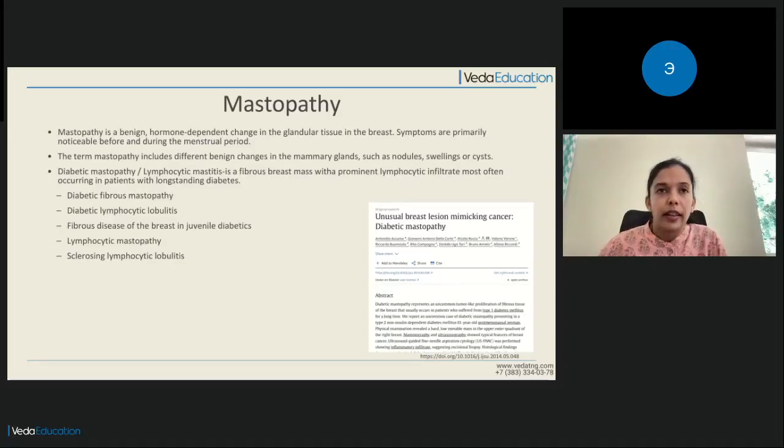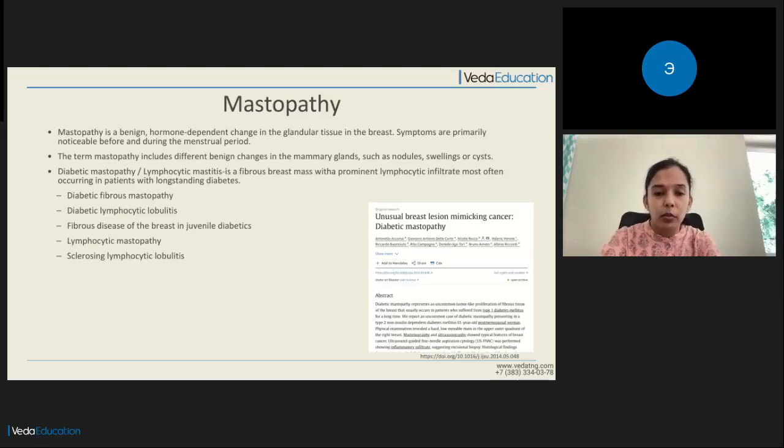So again, because all of these are interrelated and hormone dependent, at times it might mimic what we usually put in the premenstrual symptoms. So the PMS would also have some kind of breast presentations, and these would just mimic the same. It is different only when there is a proper nodule or a cystic swelling, and this has a tendency either to just resolve after the periods, or sometimes it might lead to a permanent change, leading to a proper fibrocystic development in the breast.